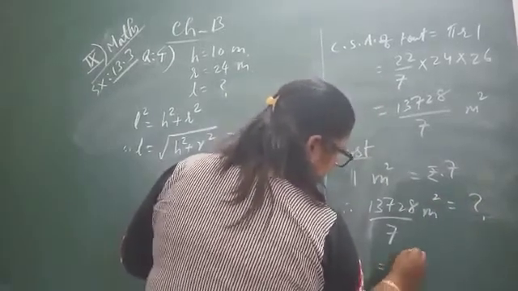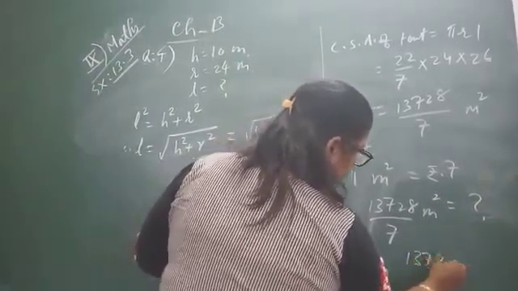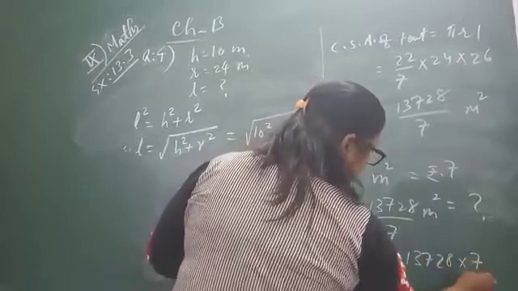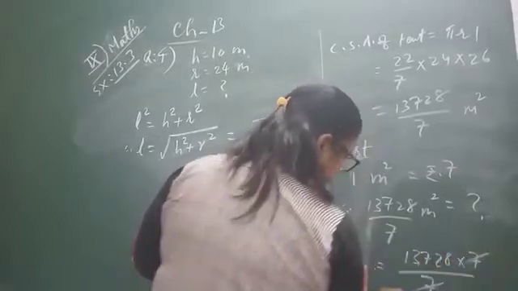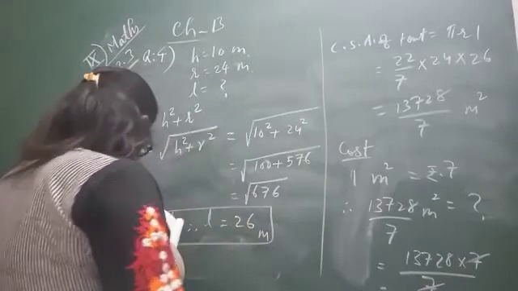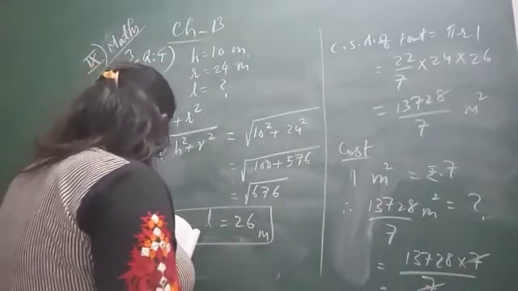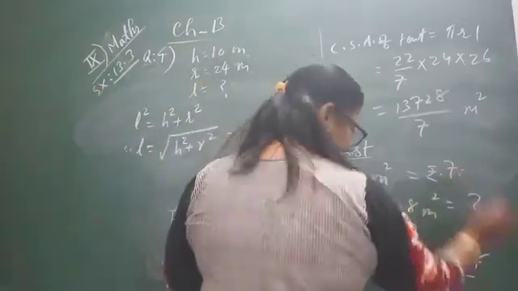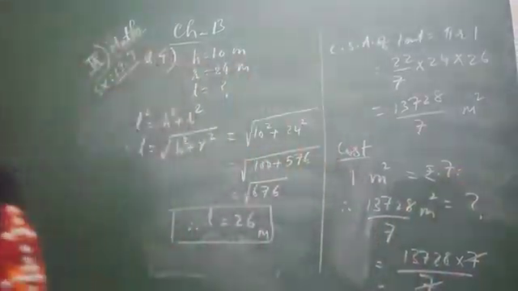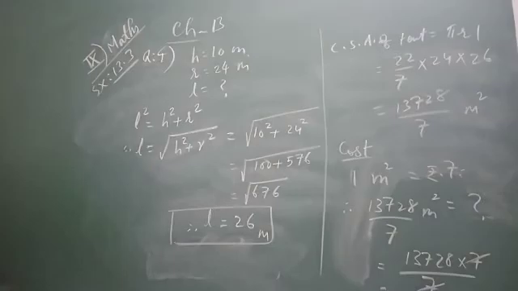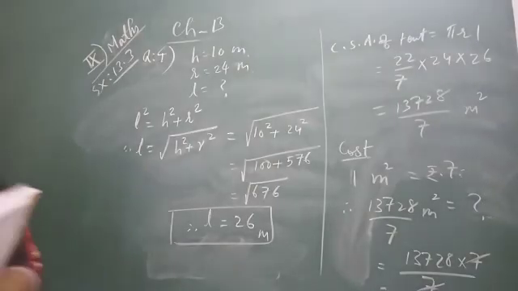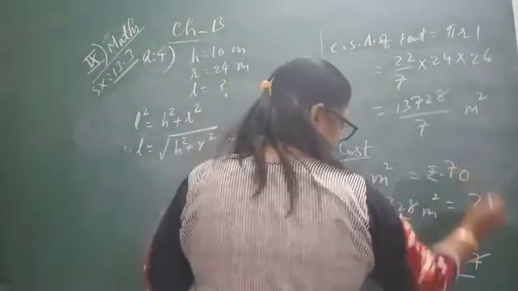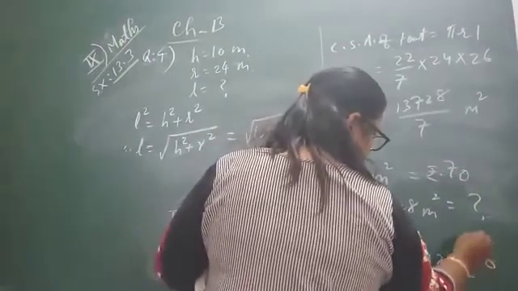It will be 13728 into 70 upon 7. The 7 will cancel out and the answer will be 70 rupees. Here we multiply by 70, not 7. 70 rupees, that is the cost. So we will multiply by 7, so it will be 10.